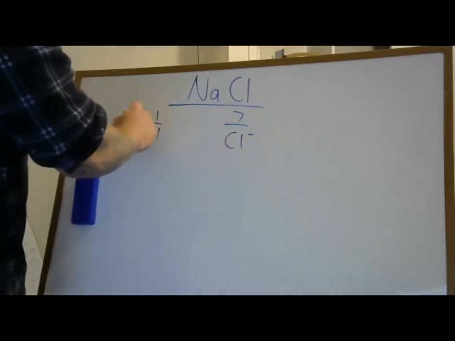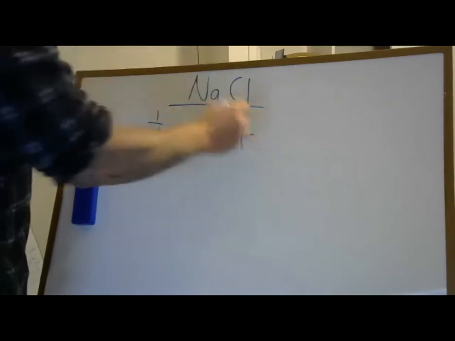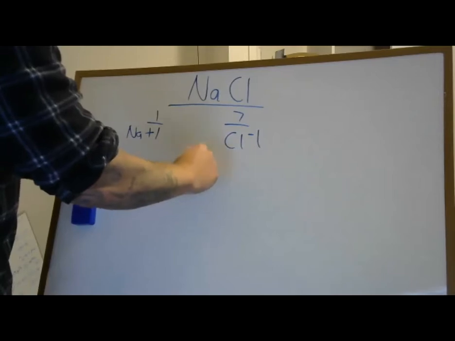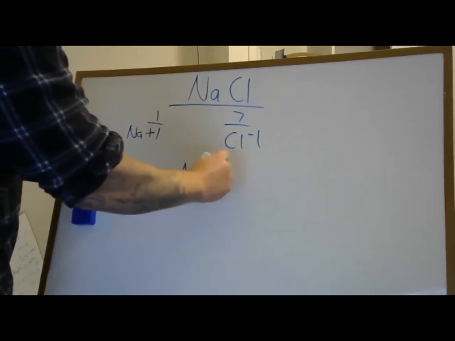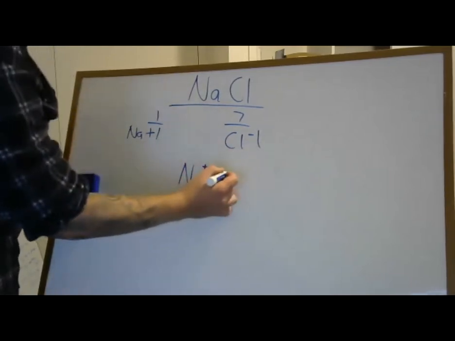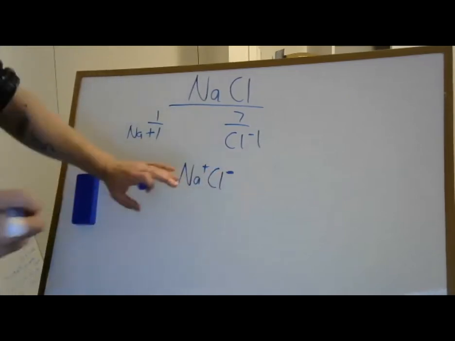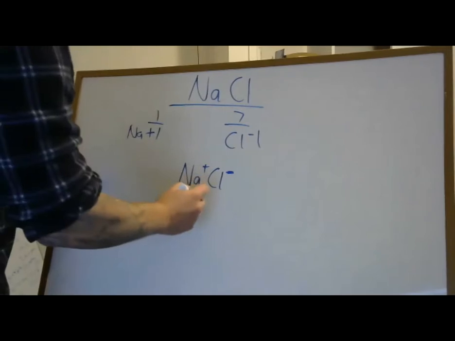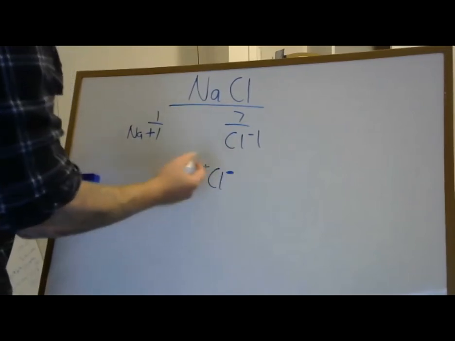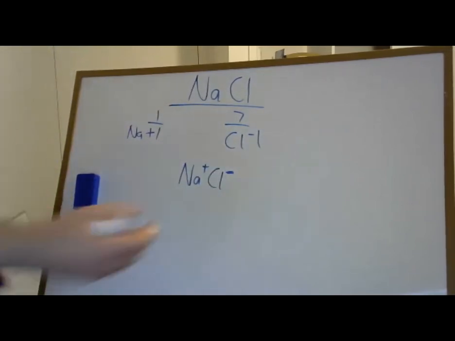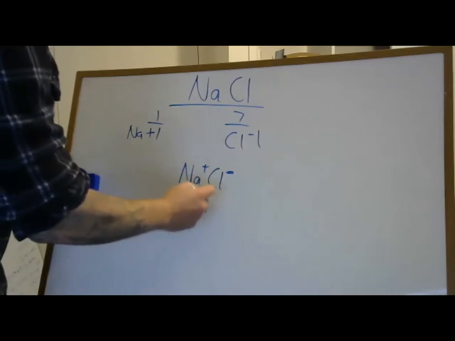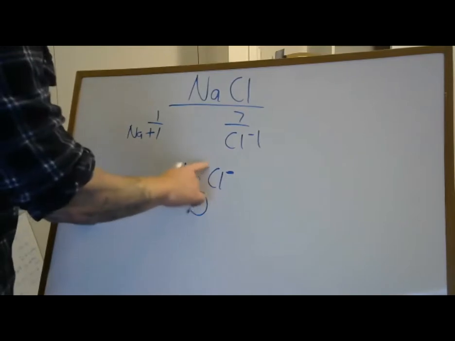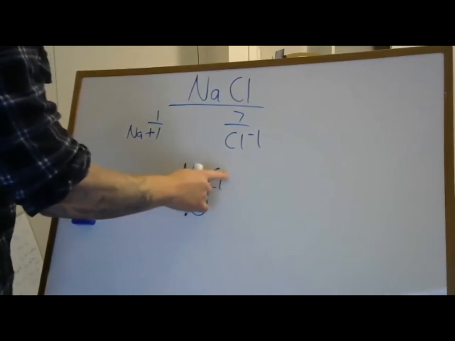So Na is +1, Cl will be -1. So we have sodium, which is positively charged, binds with chlorine, which has a 1- charge. The net, +1 plus -1, equals 0. So the net charge on the molecule is 0.